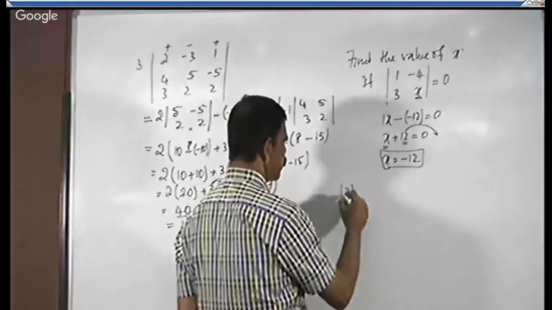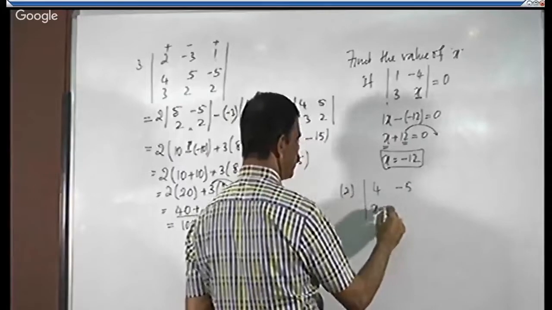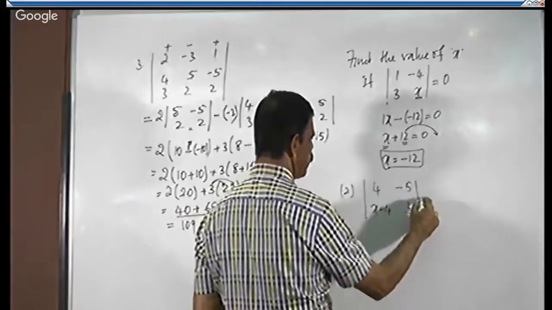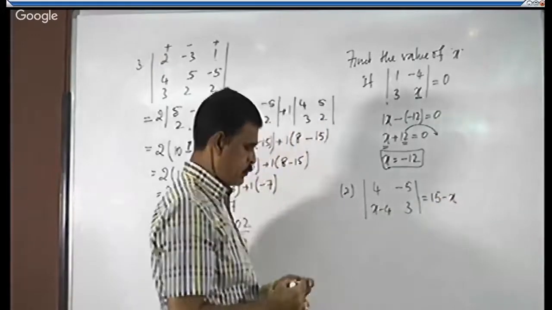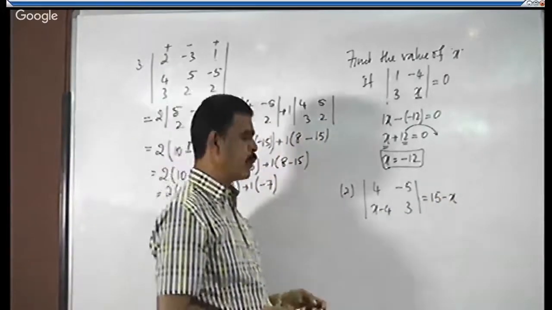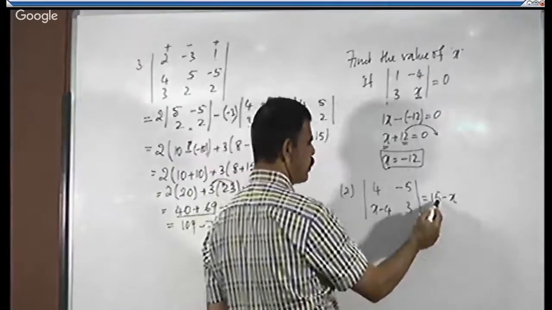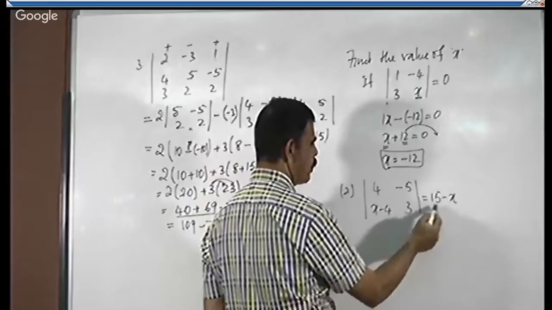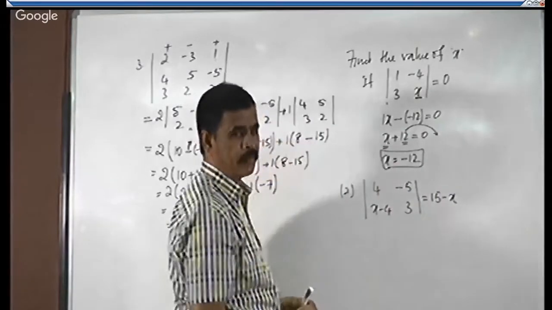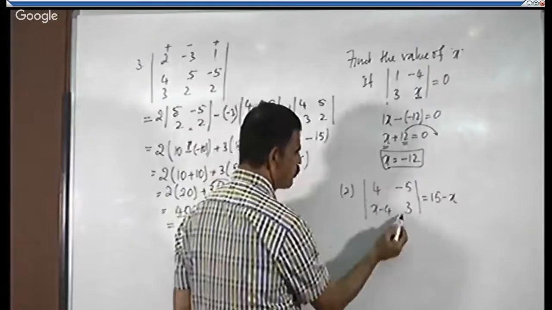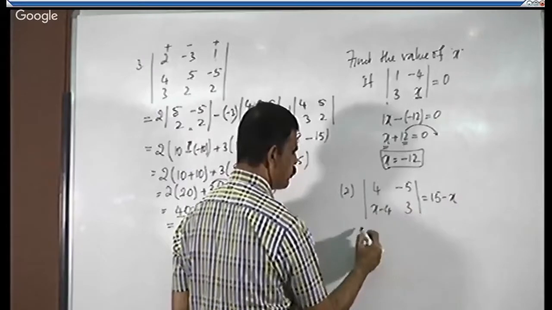Next, let us take second one. The determinant with rows 4, minus 5 and x minus 4, 3 is equal to 15 minus x. Whose value is also given, which is that 15 minus x. For what value of x this will be verified. Okay, you just expand it. Expansion of this second order determinant 4 into 3 is what? It is 12.